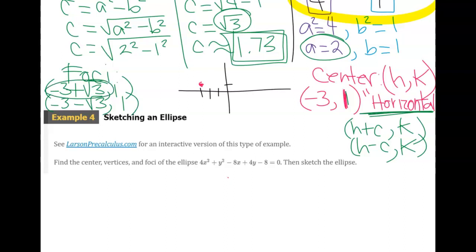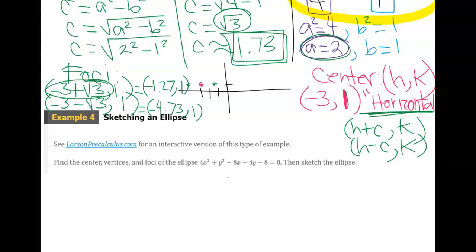But if they want an approximation, then you will do that. So those are the coordinates to approximate the foci. So there will be one there and one there, somewhere there.